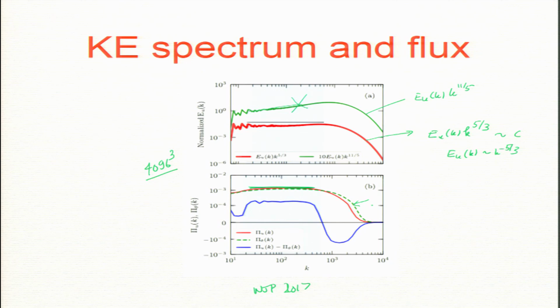It turns out we can also define the temperature flux, which we did, like in the lecture I showed you. You can compute them, and both of them remain flat. So, this is the clinching evidence that the Kolmogorov theory, Kolmogorov spectrum with constant flux, is what is observed for thermal convection.